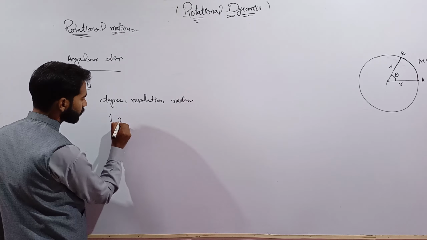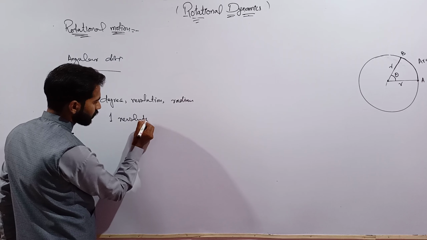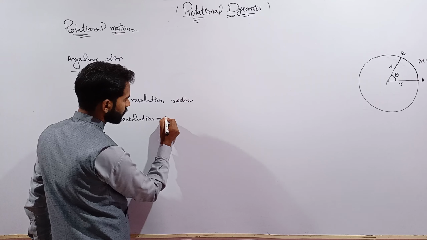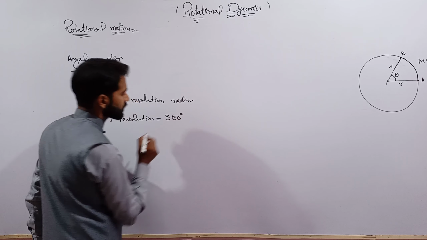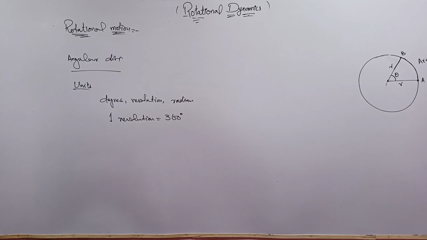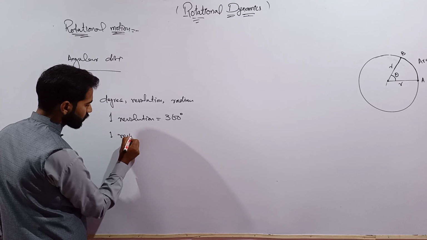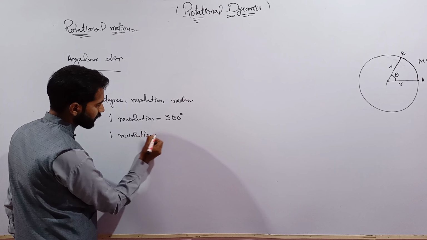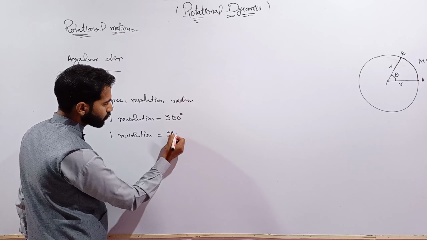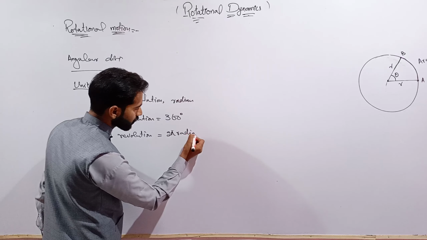One revolution is equal to 360 degrees, or one revolution is equal to 2 pi radian.